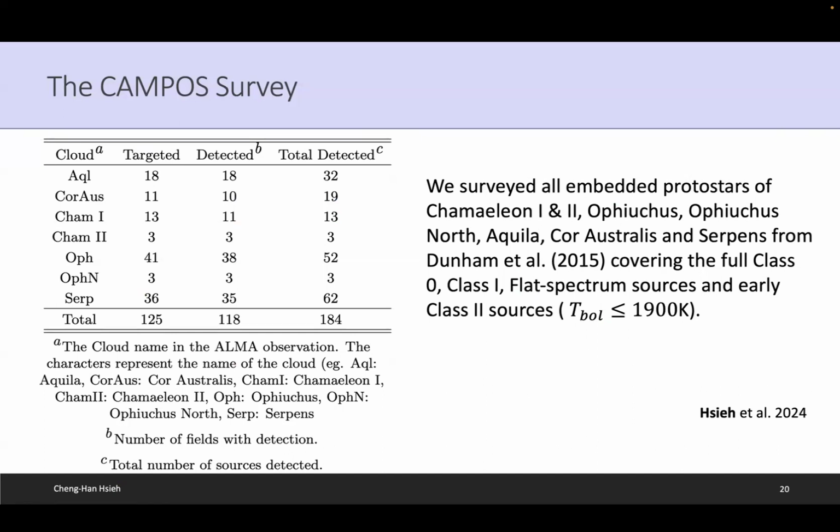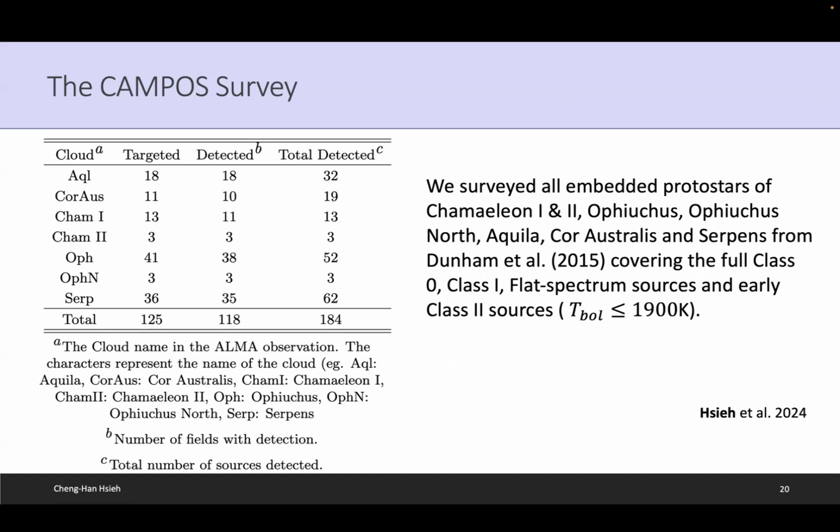They have a sample of more than 2,000 YSOs, and a lot of them are class 2 and class 3. So we look at all the members in these 7 nearby molecular clouds, and we use ALMA to target nearly all the embedded protostars in the catalog. So it's nearly complete.